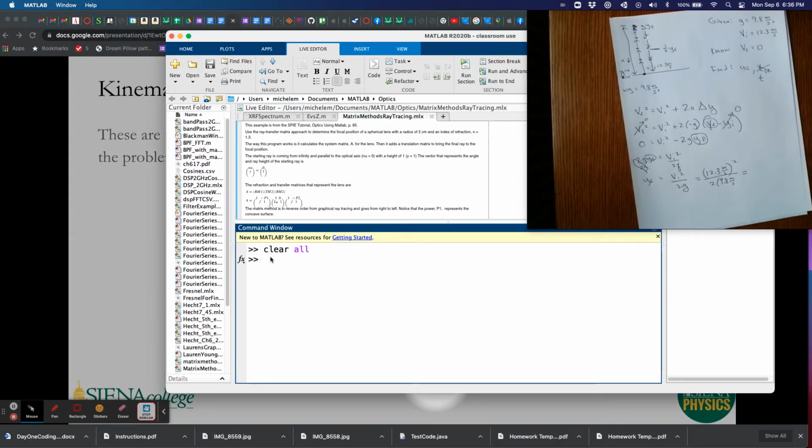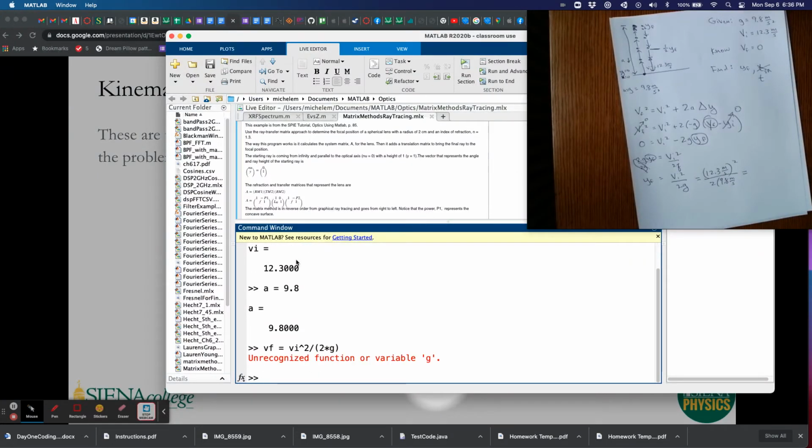Okay, so what I want here is I'm going to actually use my variables. So I'm going to say my v initial is equal to 12.3. And I'm going to say my acceleration is equal to 9.8. And so now I can write my v final is equal to v initial squared divided by 2 times gravity.